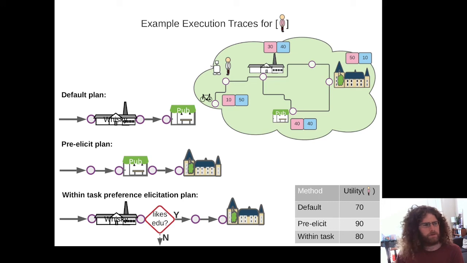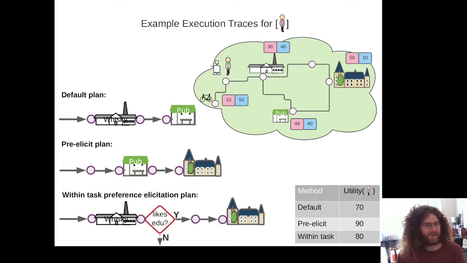A pre-elicited plan, in this case generated in the knowledge that it was for a pink jumper, might choose the pub and the chateau, because the chateau is the best, and the pub's the second best activity.